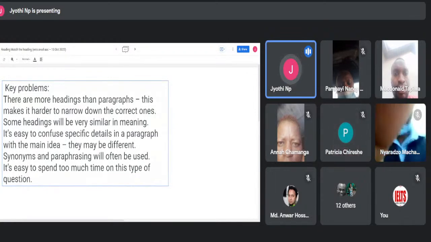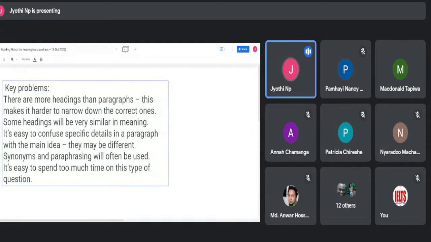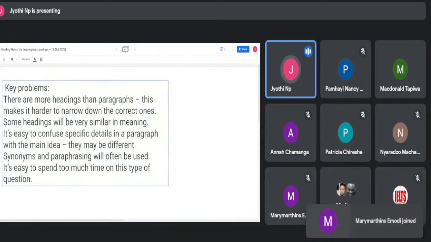This can confuse the specific idea in the paragraph with the main idea, as there may be differences. Then the third one is where synonyms and paraphrasing are very common. And the last one is where you spend too much time on this question. Okay, so these are the four problems you can come across.